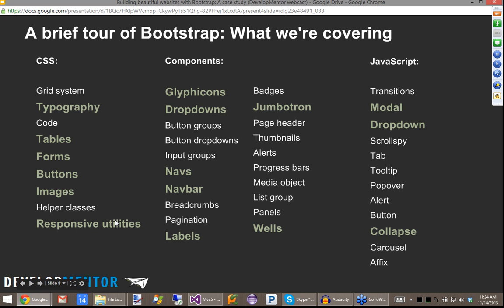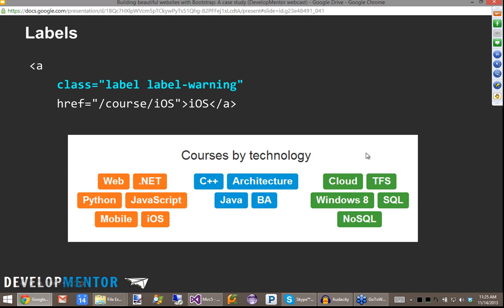That's part of something you can do with the responsive utilities. You can do a lot more though. I'll show you that. Glyph icons are the images, basically the little icons and pictures we can use for representing icons on the site. Drop downs, nav bars, labels. There's a lot of good stuff in here. So let's go through it.